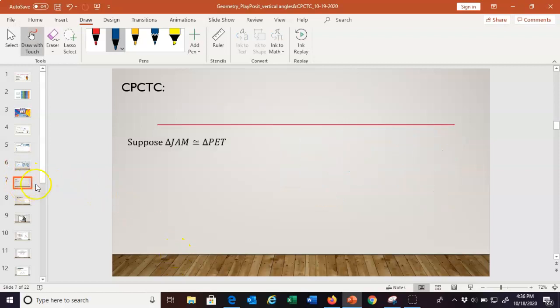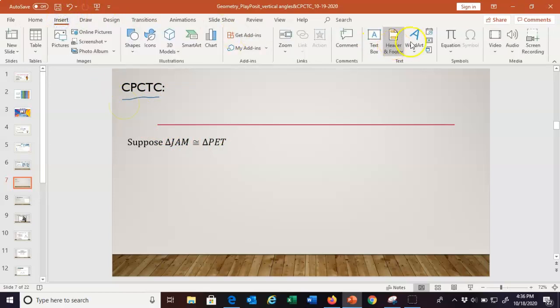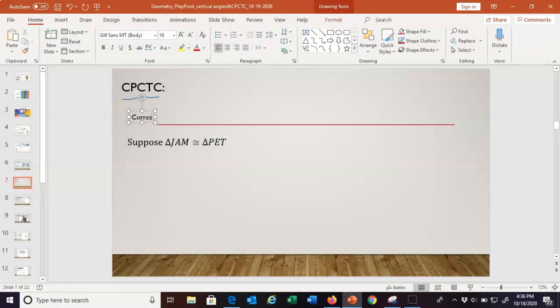So let's put all of that together. There's a fancy acronym here, CPCTC, and that stands for, I'm actually going to type this, so that's probably better. It stands for corresponding parts of congruent triangles are congruent.